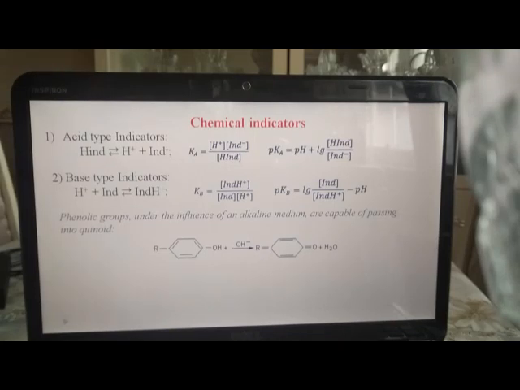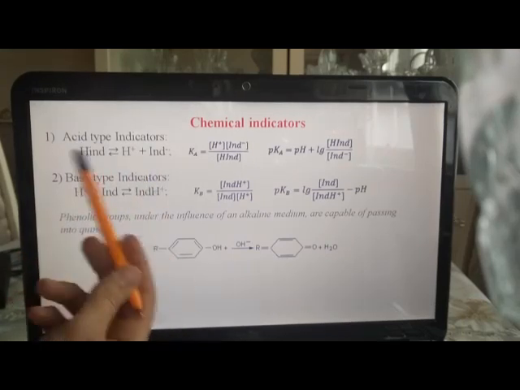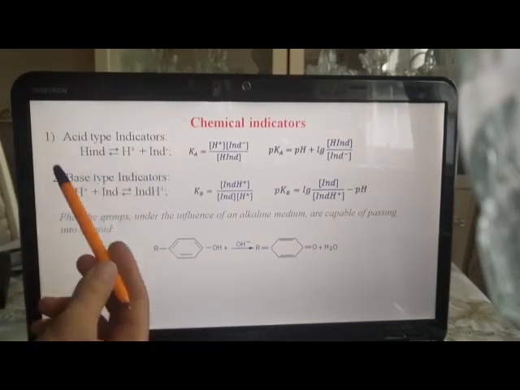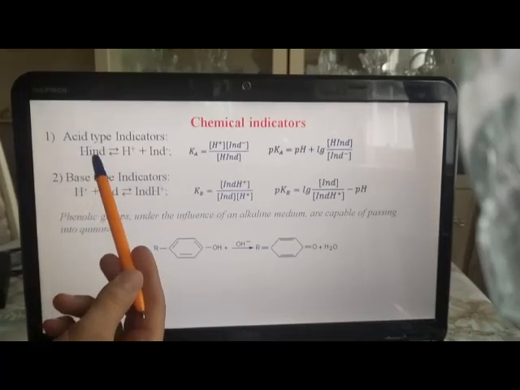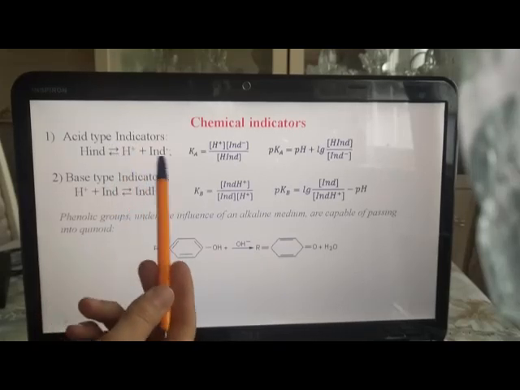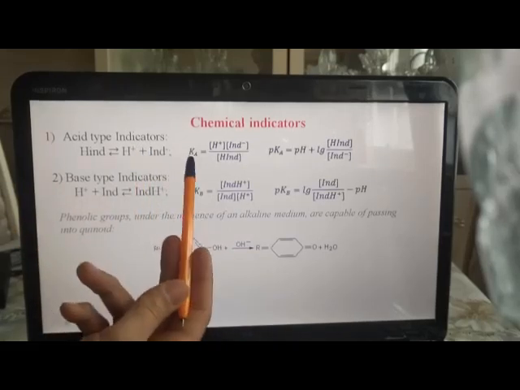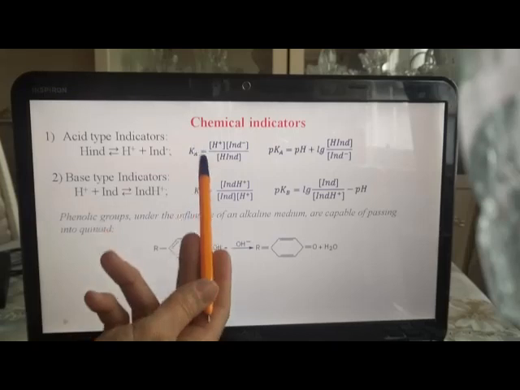There are two types of chemical indicators. For example, acid type indicators. In this case, we have a hydrogen indicator, which decomposes into a positively charged hydrogen proton and a negatively charged indicator. And in this case, the constant of acidity we find from this equation.